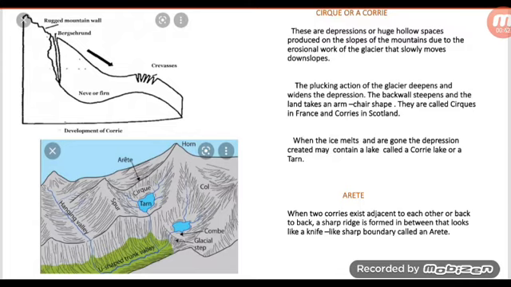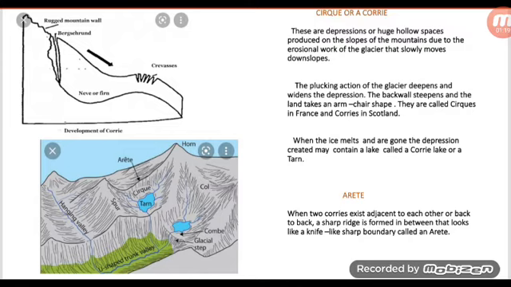Now the first type of landform that we find in the mountain slopes is called the cirque or a corrie. These are depressions or huge hollow spaces produced on the slopes of these mountains due to the erosional work of the glacier that slowly moves downslope. So when the glacier is slowly moving down, these hollow spaces are created on the mountain slopes.